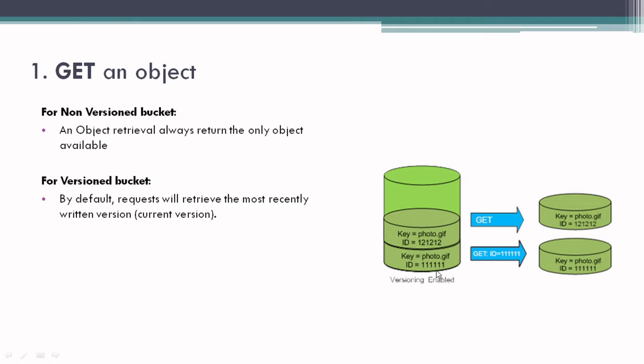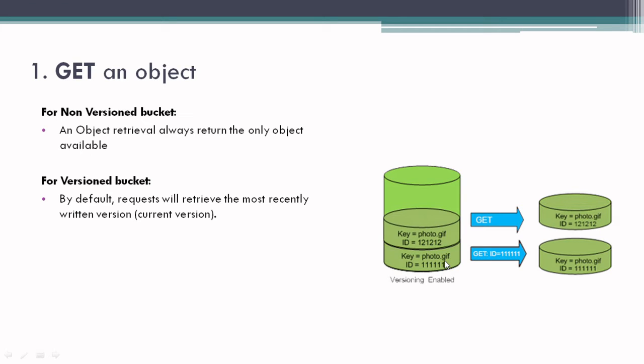One ID is 111 and the second one has ID 1212. If you make a simple get request, you will get the latest version. ID 1212 is the latest version. So with a simple get request, you will always get the current, latest version object.